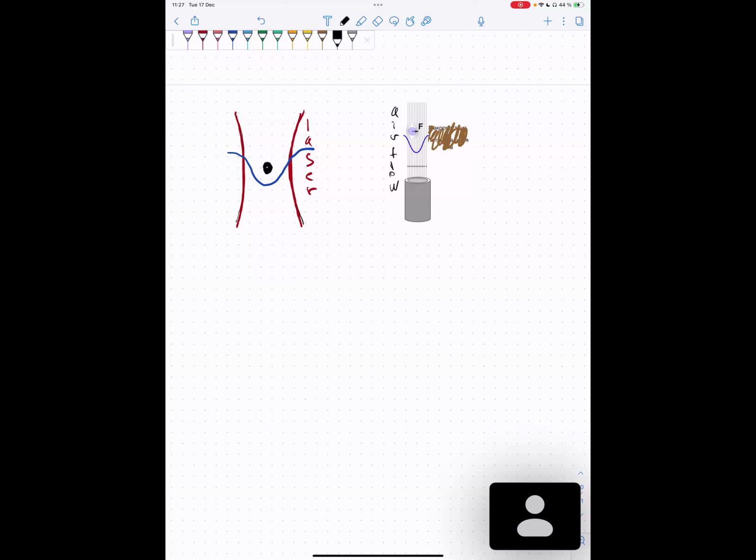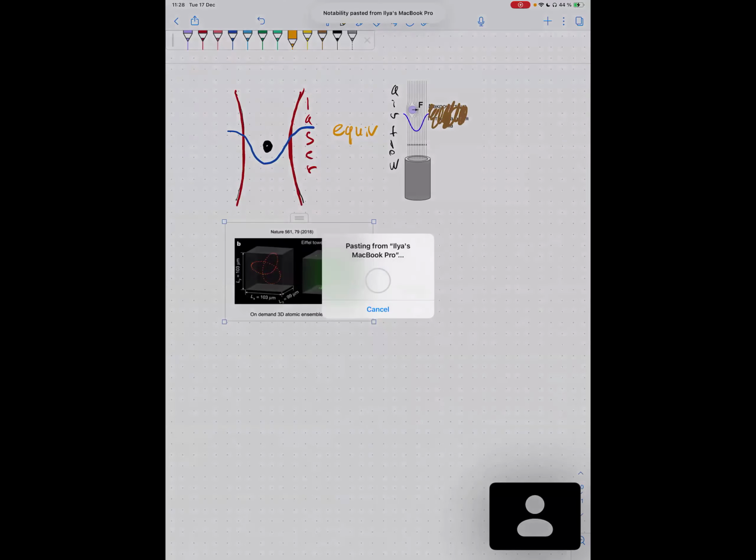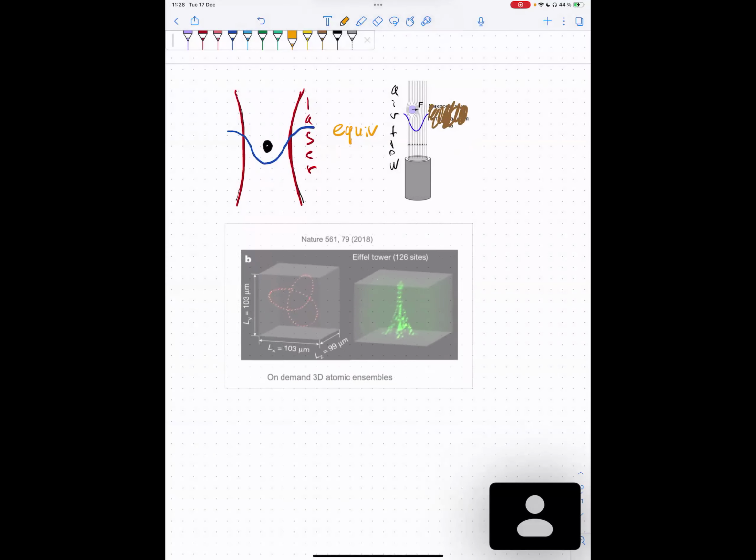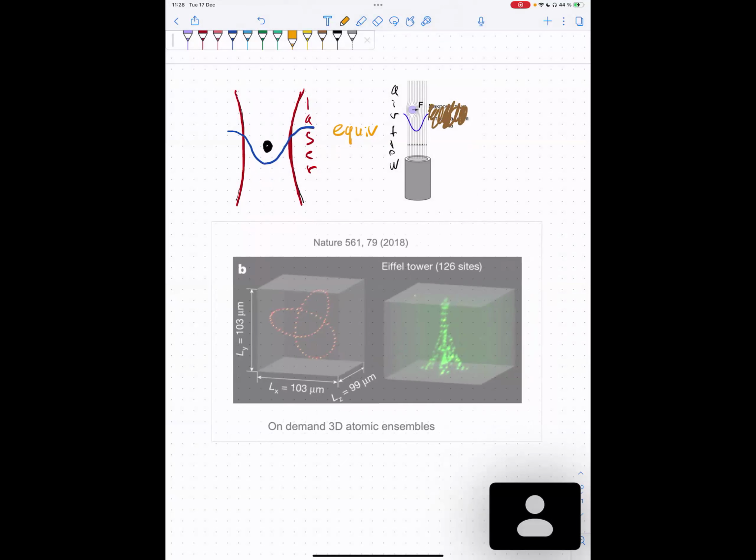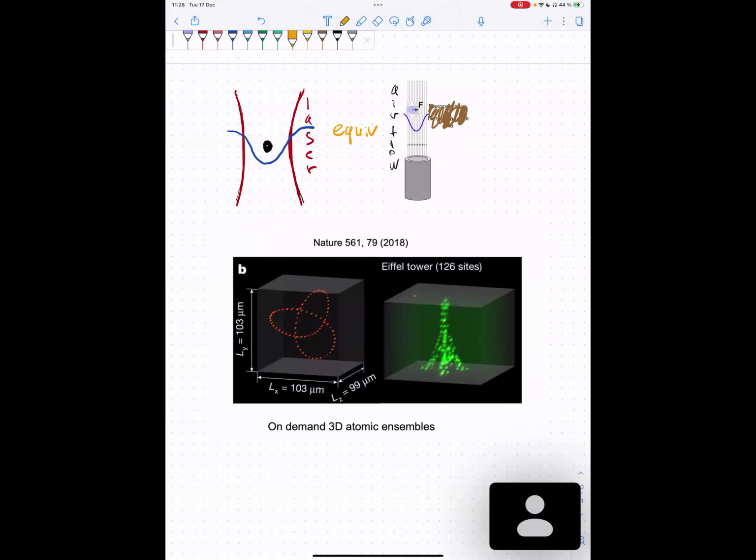This is more or less an equivalent image for the optical tweezers. And you can do a lot of different stuff with optical tweezers. For example, you can take a lot of tweezers and create images from atoms. Each shining point here is a single atom.